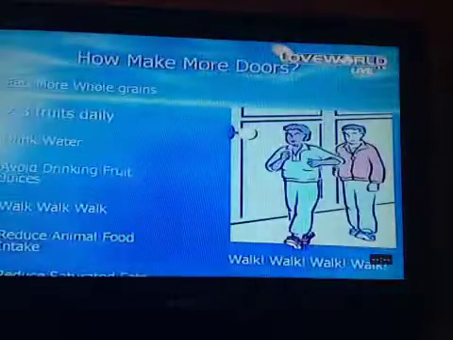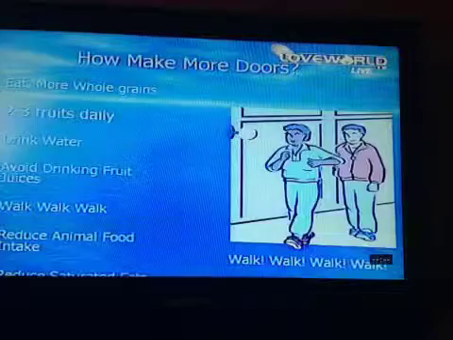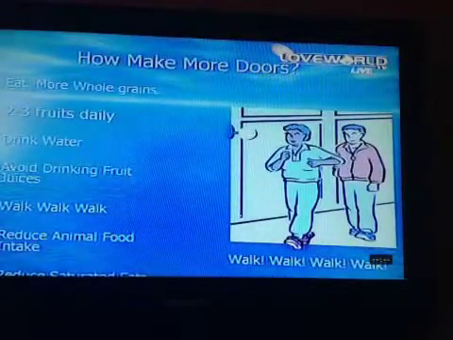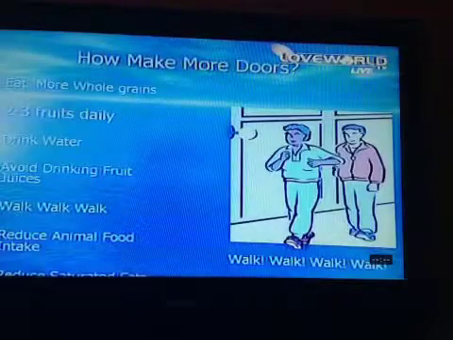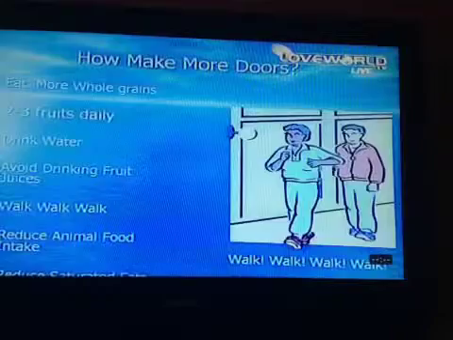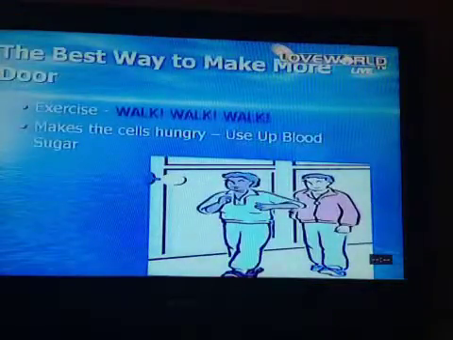So how can we make more doors? Well, it's what I said before. Eat more whole grain, eat more whole foods, just reinforcing the points that we said earlier. Drink more water, avoid fruit juices, walk and walk and walk, and reduce your saturated fats.